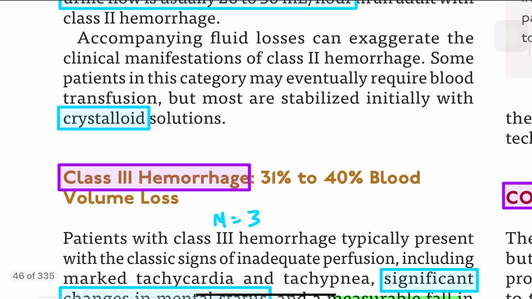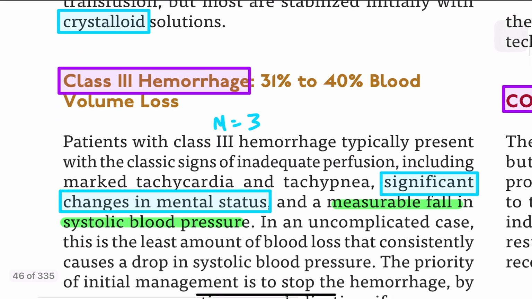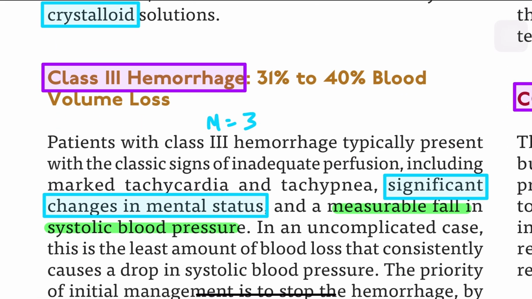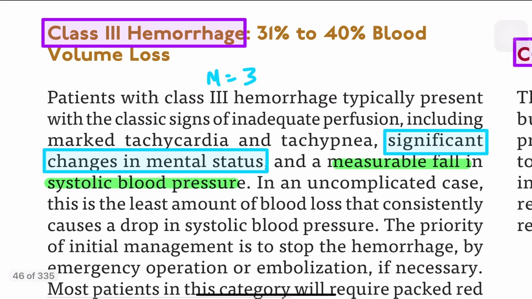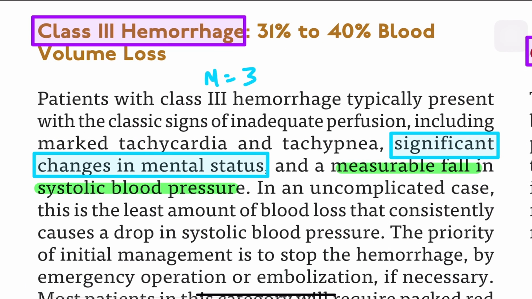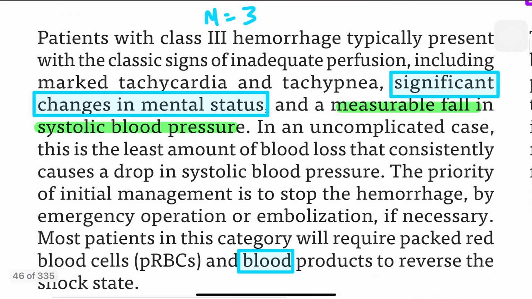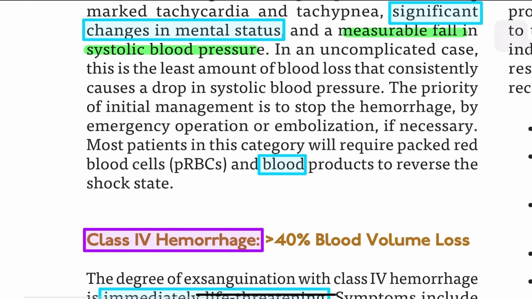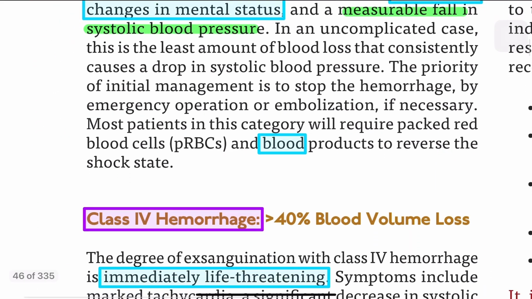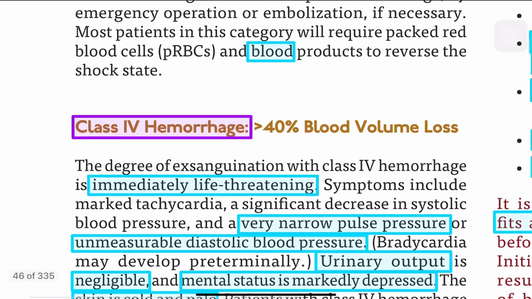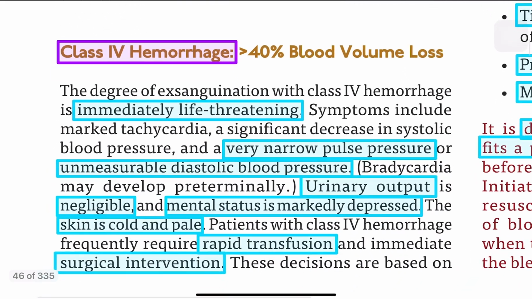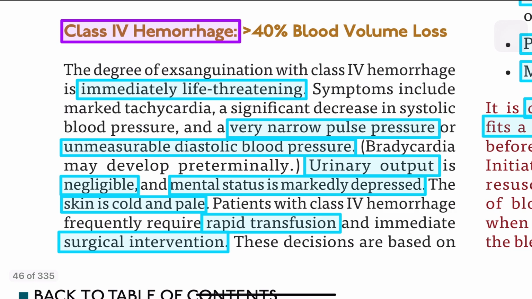Now come to class 3 hemorrhage. Blood loss is almost 31 to 40%, and there is significant change in mental status. It is managed with blood and blood products. And class 4 is immediately life threatening.